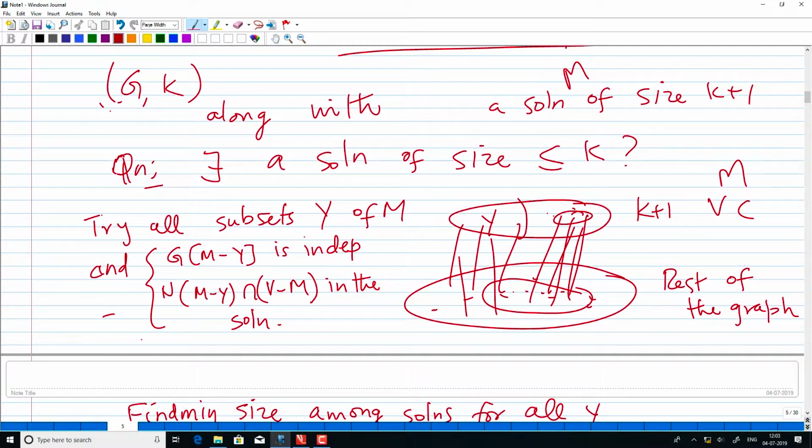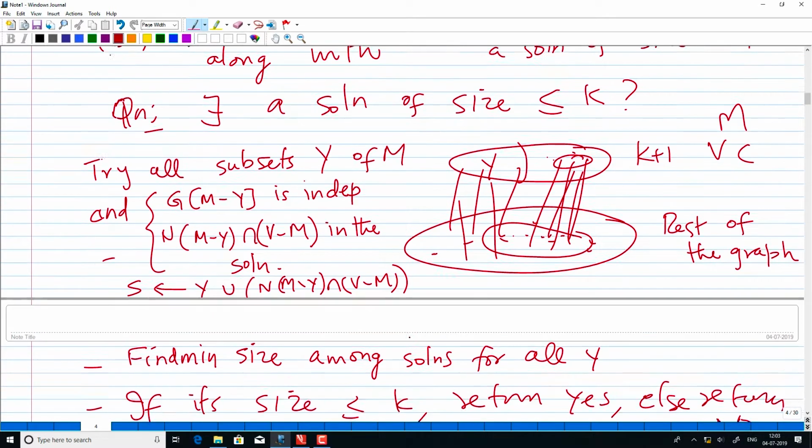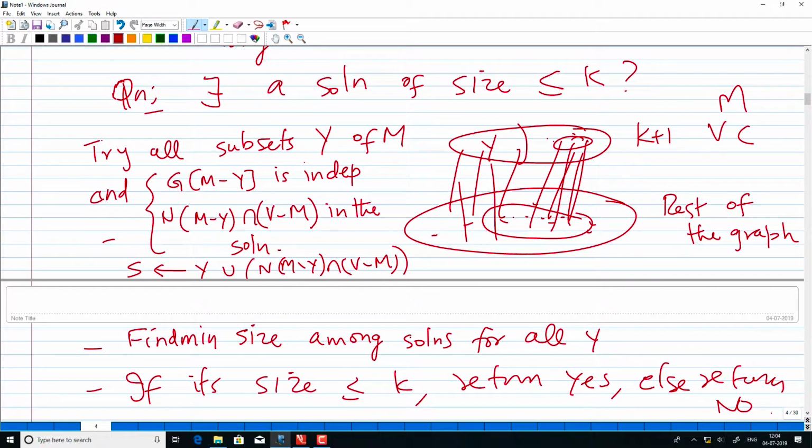Let's say my solution S is y union neighborhood of m minus y intersection b minus m.